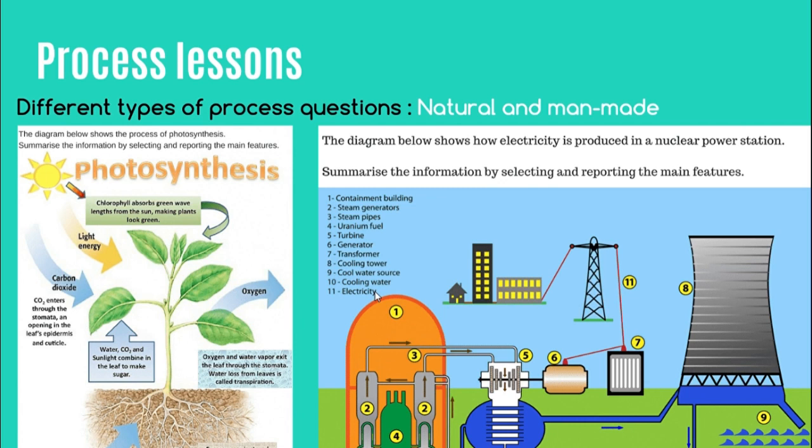And then there are 2 to 3 different phases in which this whole process takes place, like chlorophyll absorbs green wavelength from the sun, making plants look green as well. Oxygen and water vapor exit the leaf through stomata, and water loss from leaves is called transpiration. So in this way, try to give the structured answer.